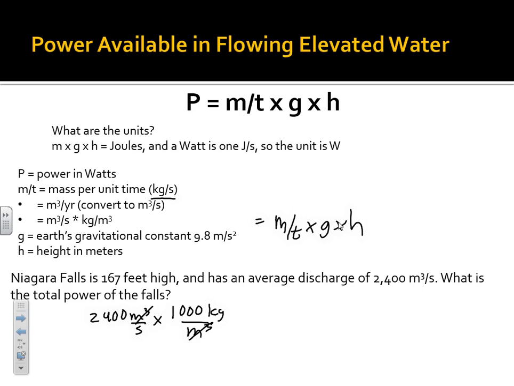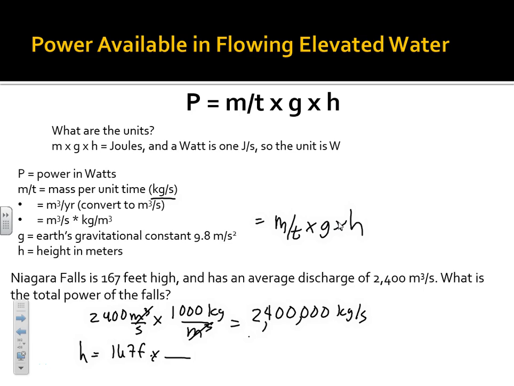Do a little cross out. So that gives us 2.4 times 10 to the 6th, and this is in kilograms per second. Okay, that's a good start. Now we need our height. Height is 167 feet.